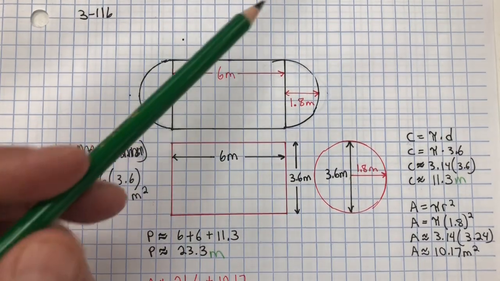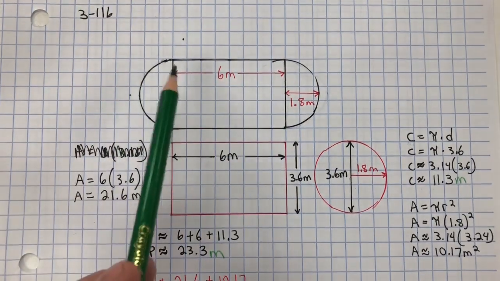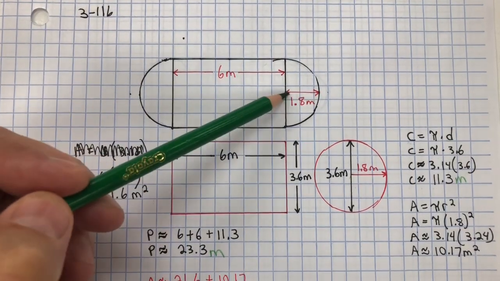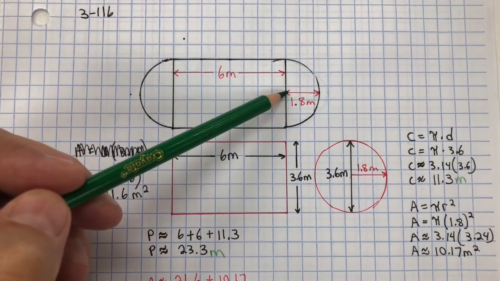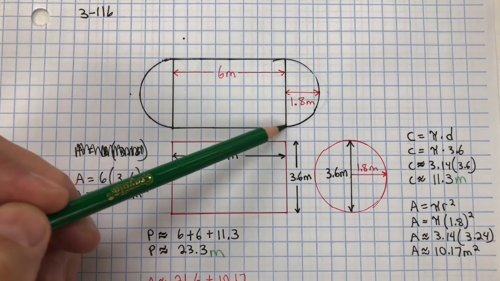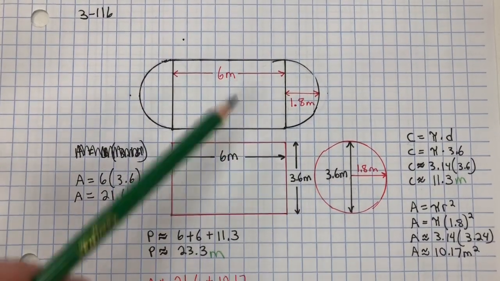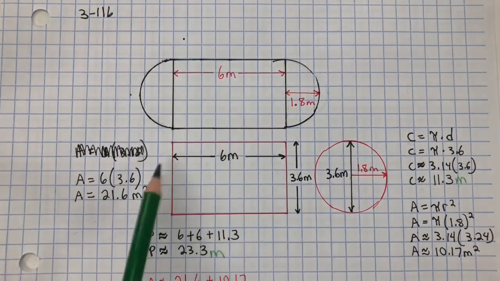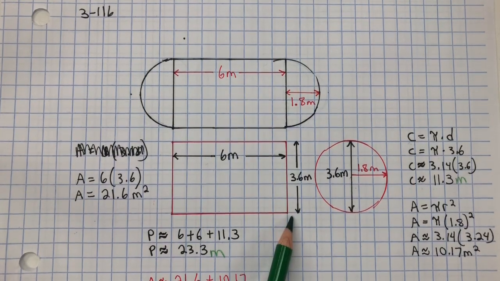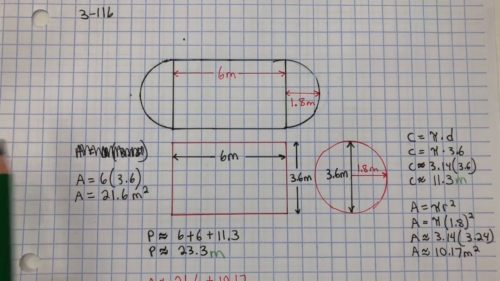And to find the width of it right here, because the length is given, 6 meters, well, if we take the distance here of the semicircle, well, that's the same right here, 1.8, and this side would be 1.8, and that, remember, that's how we got the diameter, which is 3 6/10. So to find the area, it's 6 multiplied by 3 6/10, and that's what I did here, which is 21 6/10 meters.